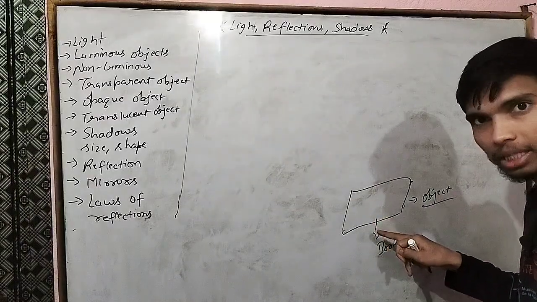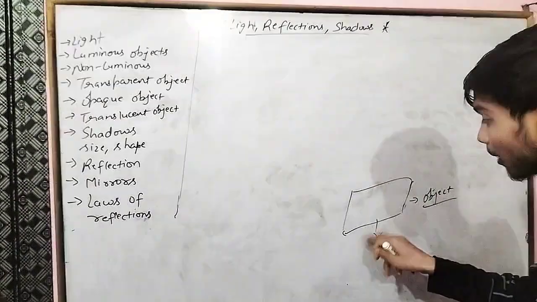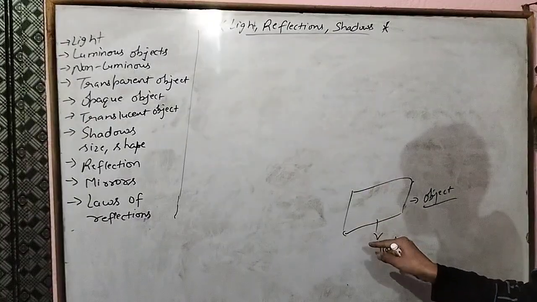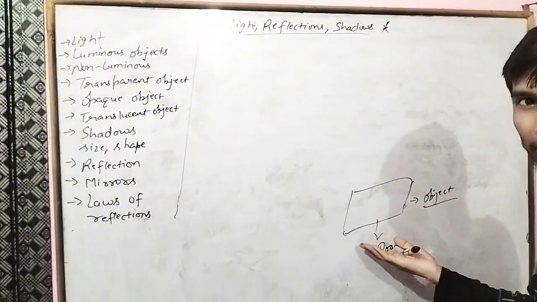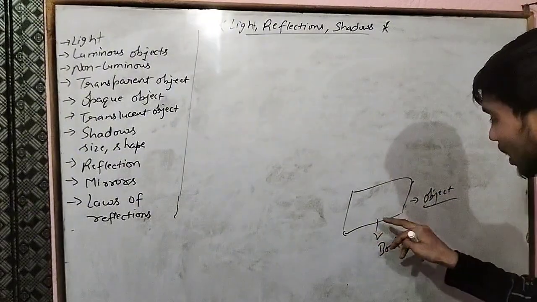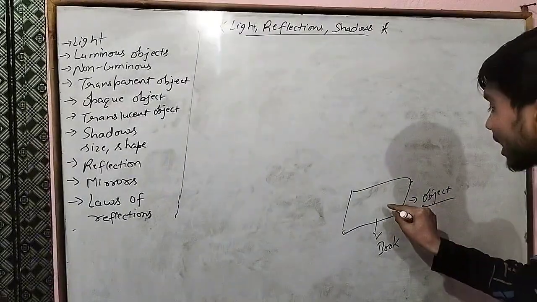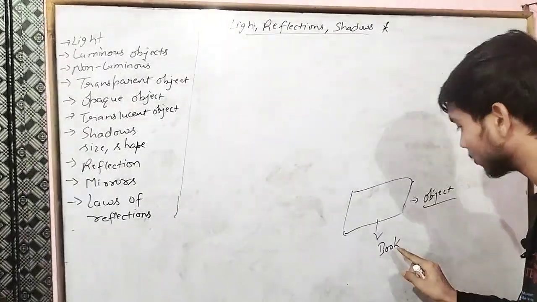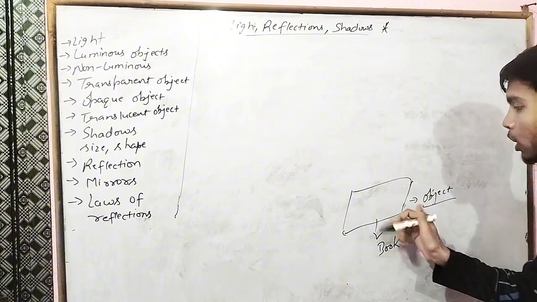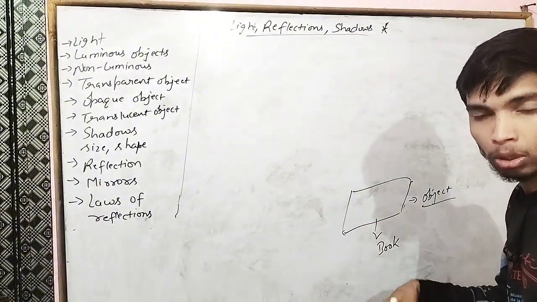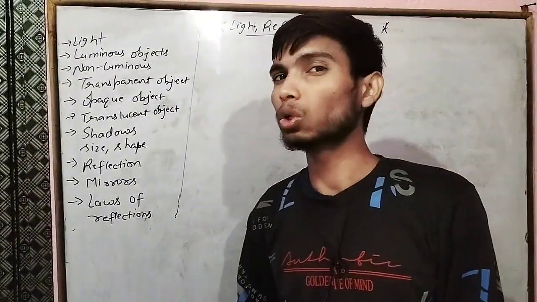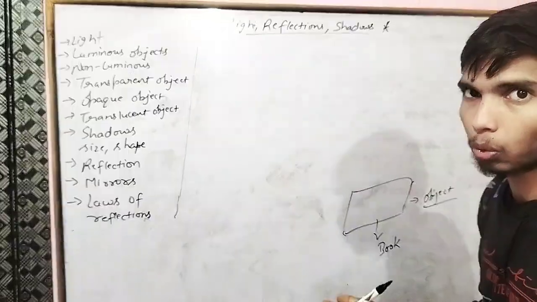So are we able to see this object? Yeah. Can we touch this object? Yeah. That's why it is an object. It is named as object. But the name of this object is what? Book. Clear?